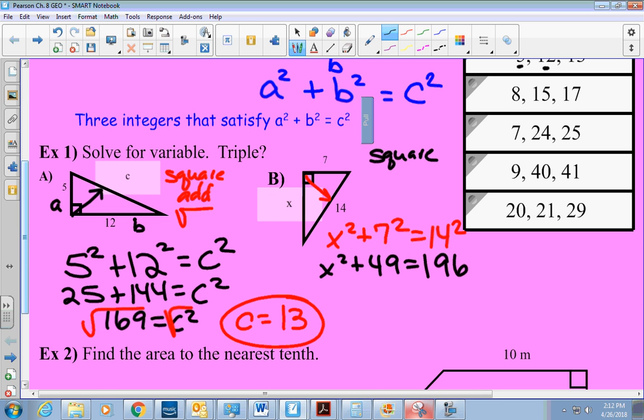The second step we do when we don't know one of our legs is we subtract. So step number 1 is the same for both processes. We square everything. Then we subtract. So I'm going to minus 49 from both sides.